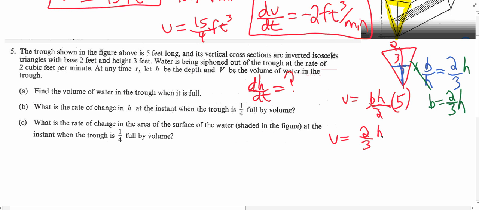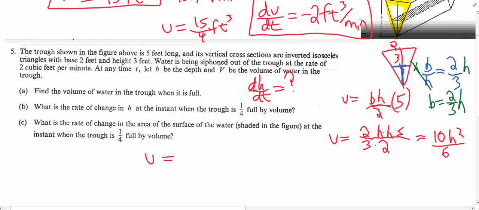of h times another h times 5, and then what else do we have? Down on the bottom we have that 2. So we have 10, the number is 10 over 6 h squared, which can reduce to what?